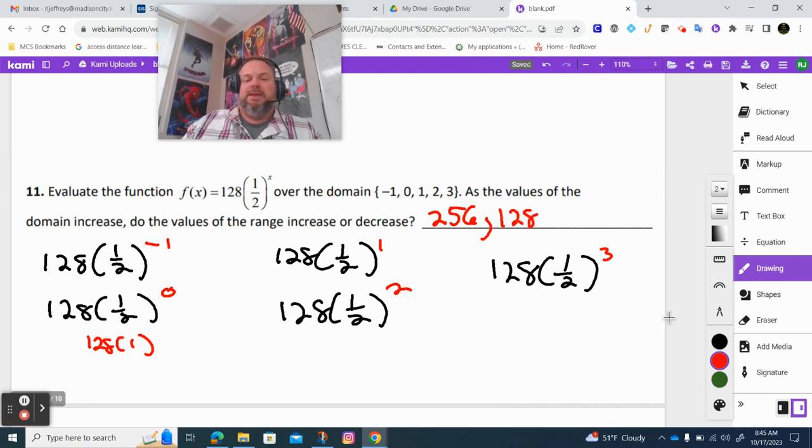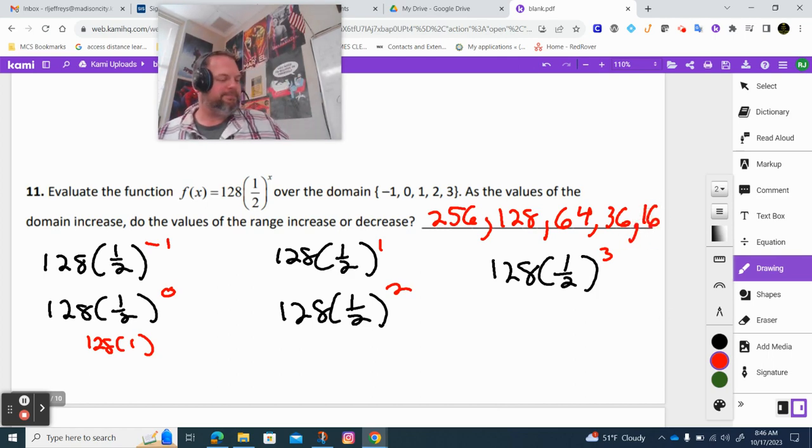So 128, 1 over 2 to the 1. Should be half of 128, which is 64. 1 over 2 squared should get 32. 128 over 1 half to the third should be 16.